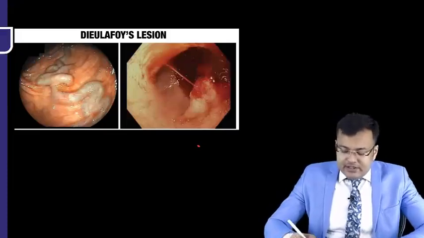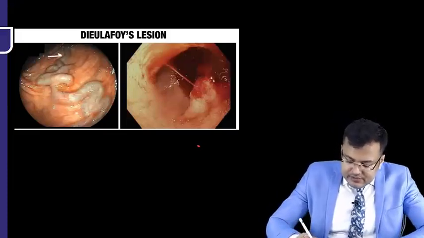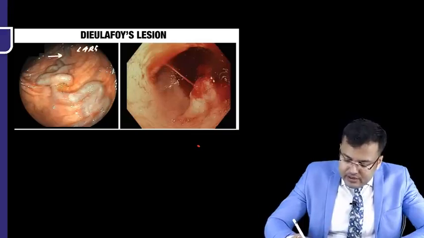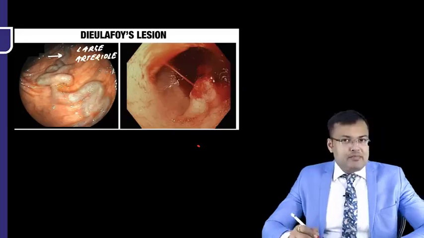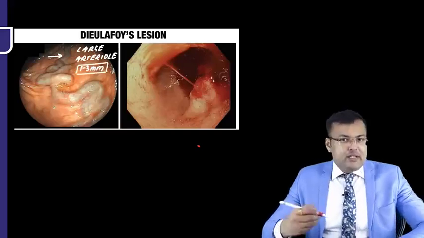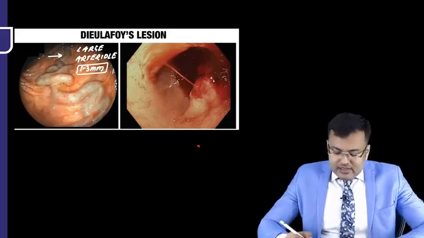What is Dieulafoy's lesion? You can see here there is a large arteriole placed just below the mucosa, diameter 1 to 3 mm, located within 6 to 10 centimeters of the GE junction. What is the problem?